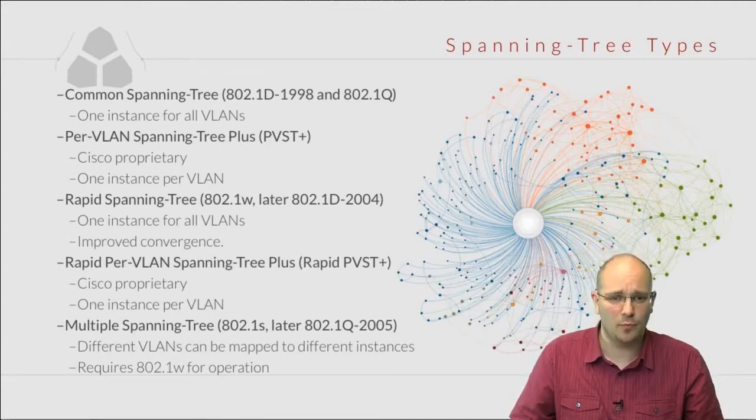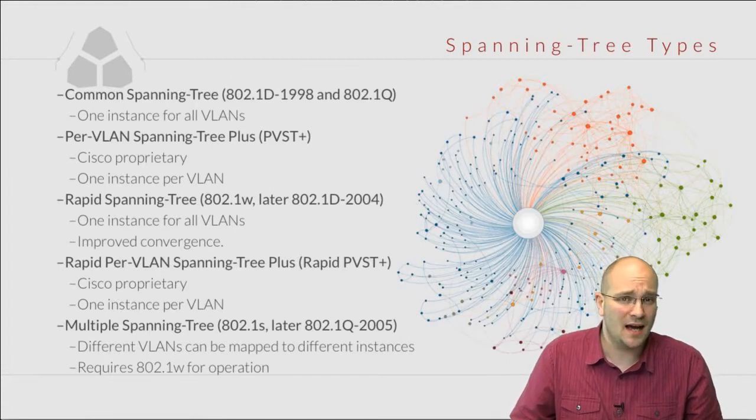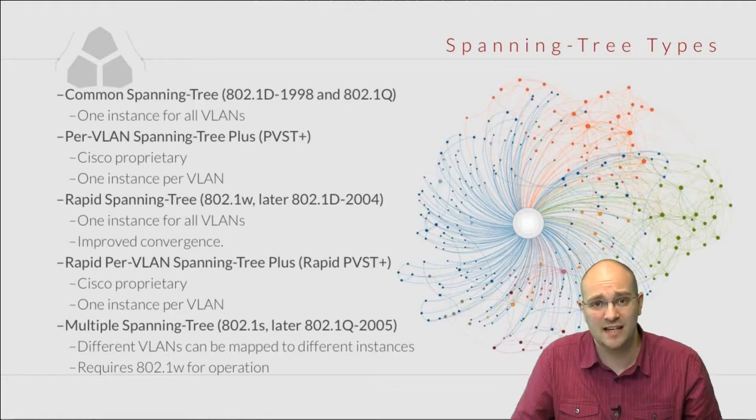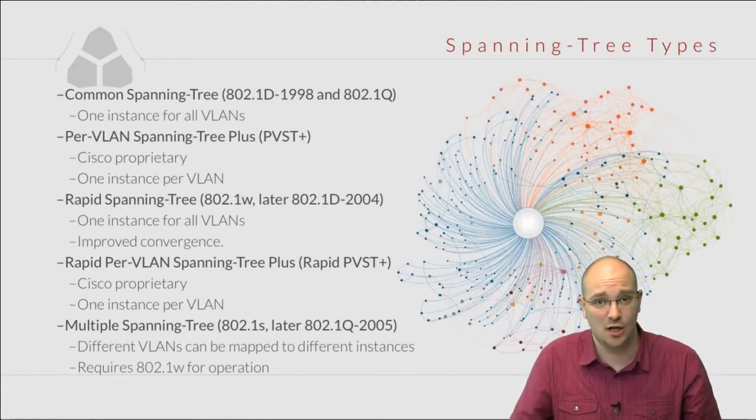Instead, Cisco came up with their own Per VLAN Spanning Tree Plus, called PVST+, which is a Cisco proprietary approach in which we have a single instance of spanning tree for every single VLAN in the network. That means if we have 5 VLANs, we are going to be running 5 instances of spanning tree.